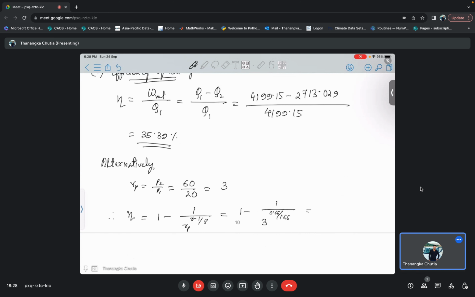Okay, this is also 35.389%, that means almost equal to 35.39%. Okay, so however you do, you will get the same efficiency, but here it was a rather more tedious task because you have to also calculate the other parameters like the work done by the turbine, the work required by the compressor, and so on and so forth. Okay, so from there also we can calculate the efficiency, but if you know the pressure ratio, you can directly calculate the efficiency just like in the previous questions. Okay.